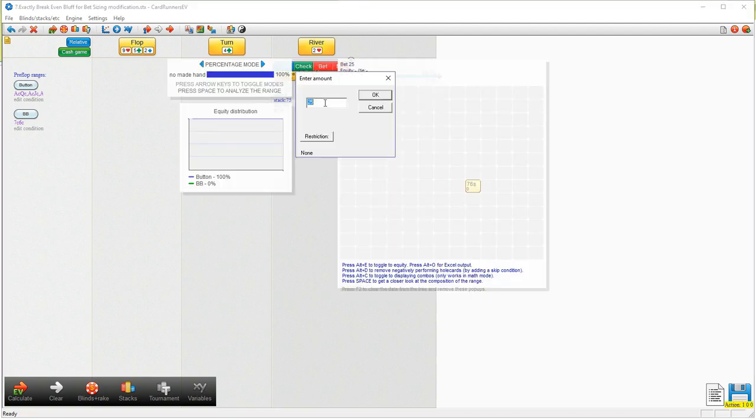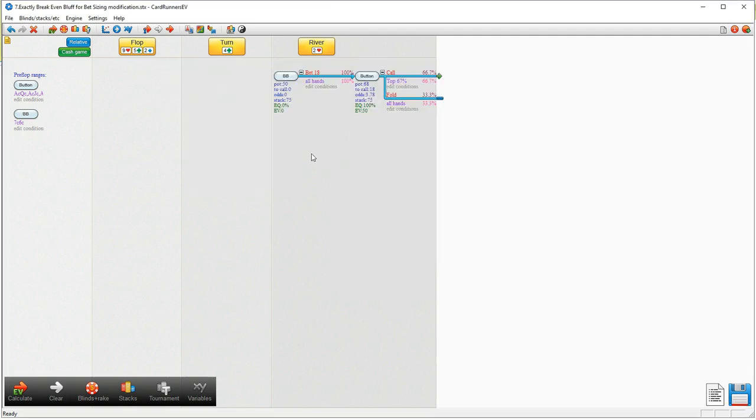So let's say we figure out that if we bet 18 big blinds, he's going to continue to fold at exactly the same frequency, and when he does call, we're now only going to lose 18 big blinds instead of 25 big blinds. Let's have a look at what happens to our expectation. Well, now it's actually gone up, so a small tweak in our bet sizing means that rather than breaking even on every river, we're now making 4 big blinds.